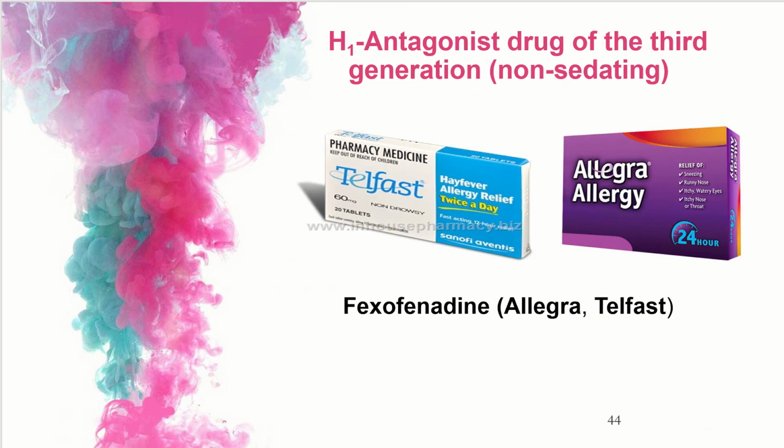So H1 antagonist drug of the third generation, fexofenadine. No surprise there, right? I'm sure you may have heard of Allegra or Telfast, which is the active there is fexofenadine, and it's a third generation antihistamine.